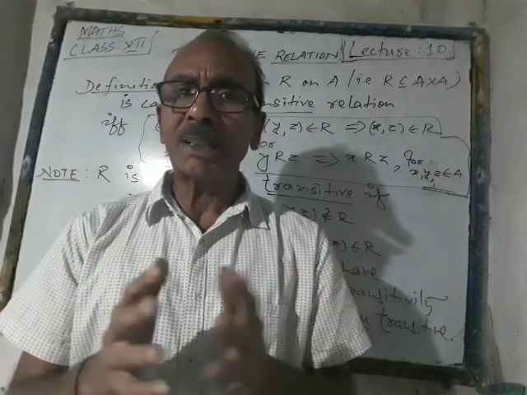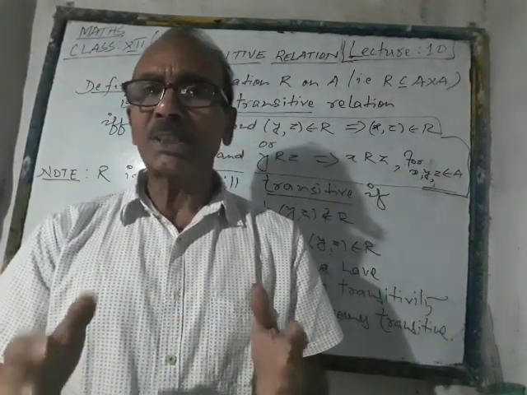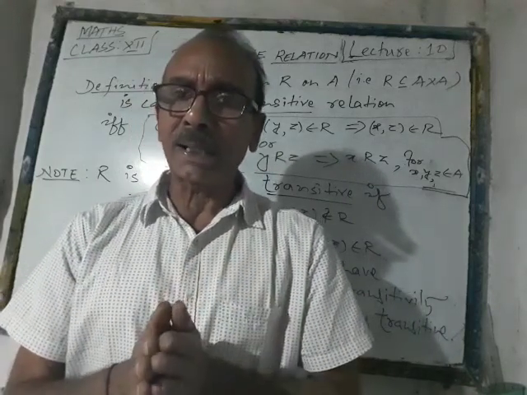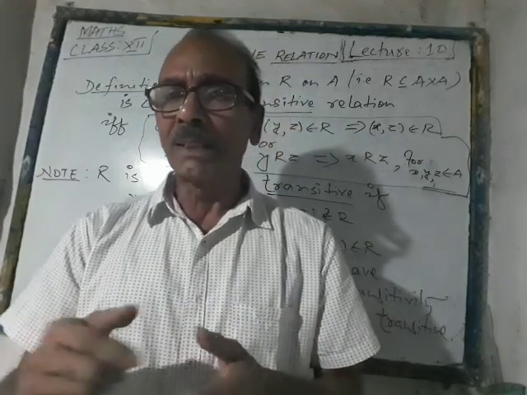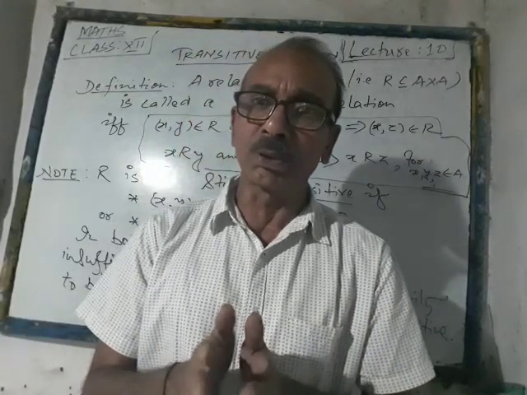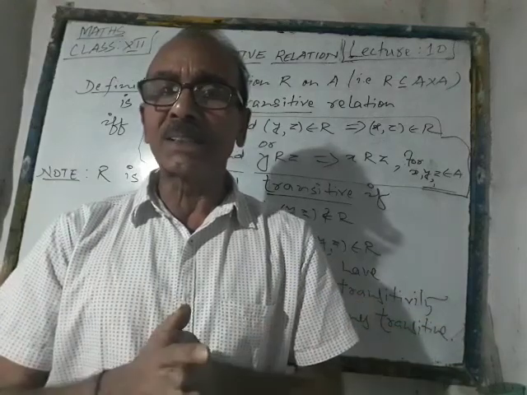So when three elements are related with the relation of equality, we find that if the first is related to the second and the second with the third, then naturally the first and third are related to each other with the same relation. But that is not so for every relation. Suppose I talk about the relation in the set of human beings, "is a father of".